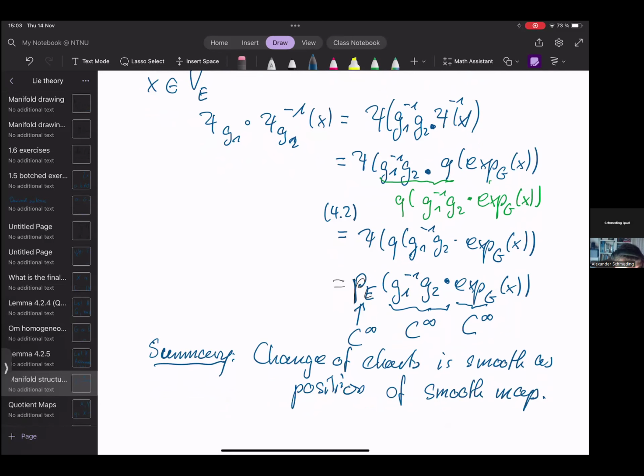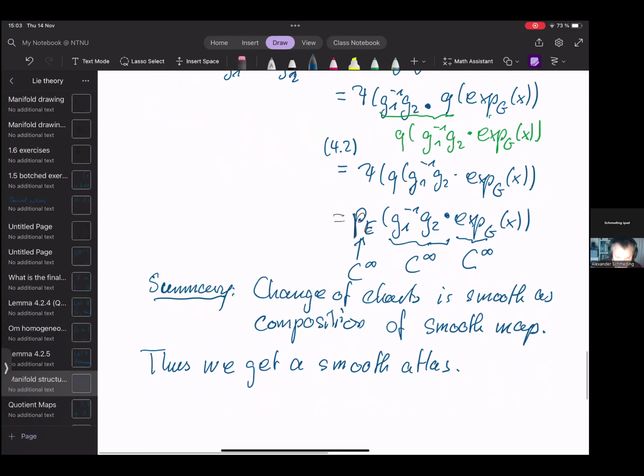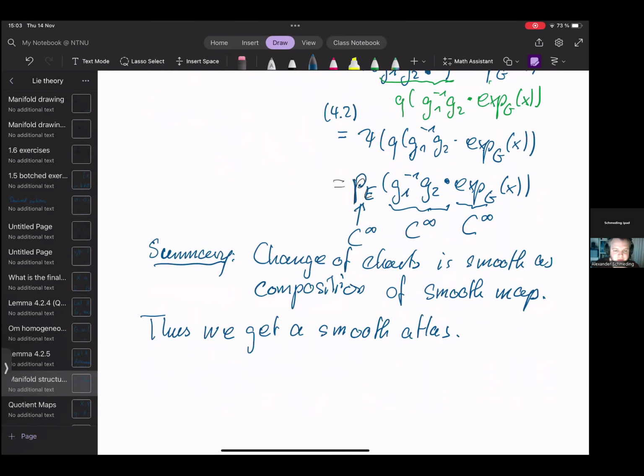Okay. Thus, we get a smooth atlas. Okay, great. So we have now constructed a manifold structure on the coset space.